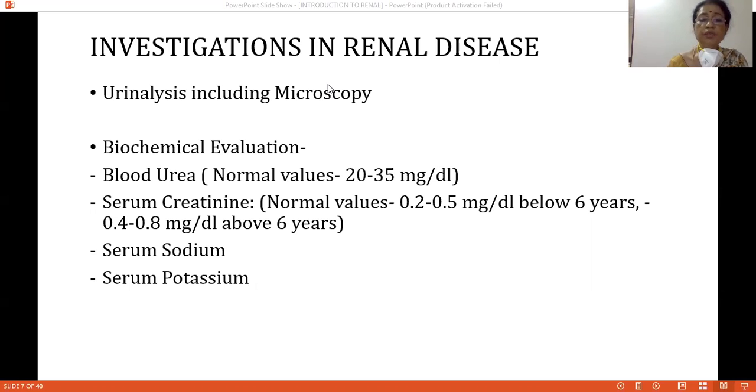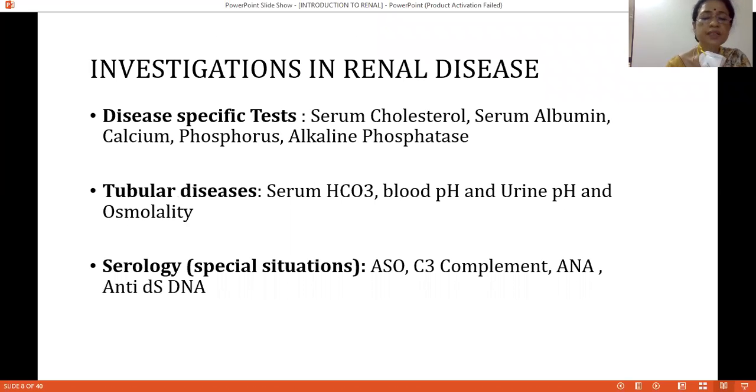The normal value is 0.2 to 0.5 below 6 years and 0.4 to 0.8 milligram per deciliter above 6 years. Then you have to see the serum sodium, which is 135 to 145 milliequivalent per liter normal. Then serum potassium 3.5 to 5.5 milliequivalent per liter.